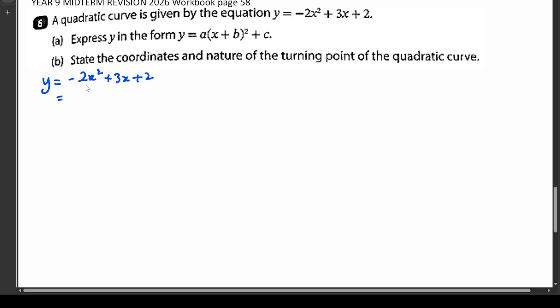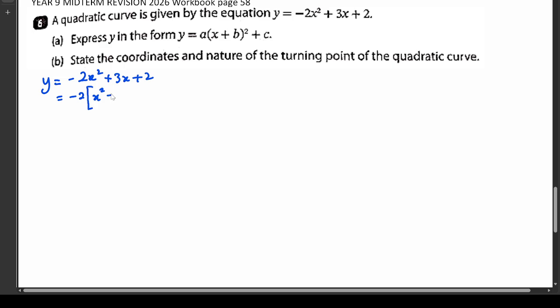Now, first thing, you need to check your a, make sure it's 1, but this is not 1. So you need to pull it out, factorize. Open a big square bracket, right? And then factorize. So the term inside divide by -2 because you pull out -2. So this is x squared plus 3x divided by -2.